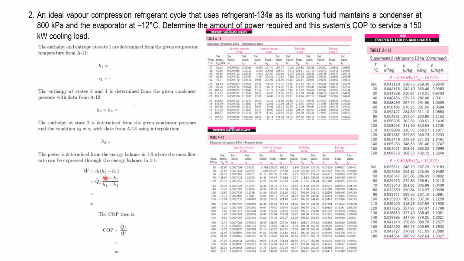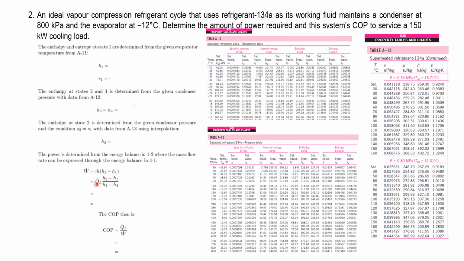But remember what is given to you, 150 kilowatt of cooling load. M dot is not given, but you can convert this based on this formula. So when you change your M dot to QL, you will have correspondingly this value coming in. So this formula is changed to this formula.